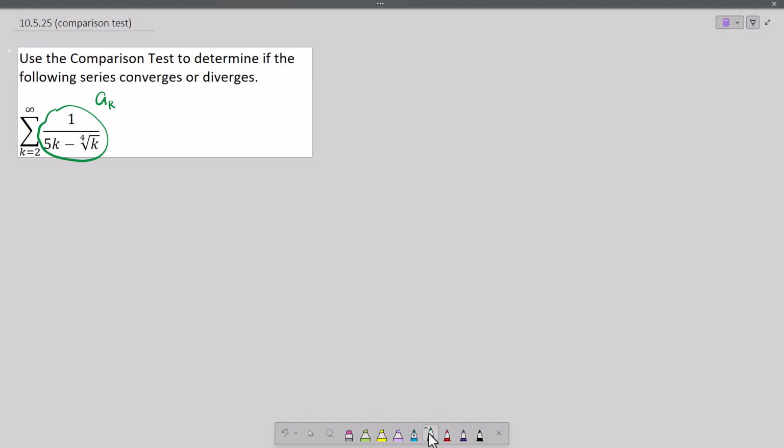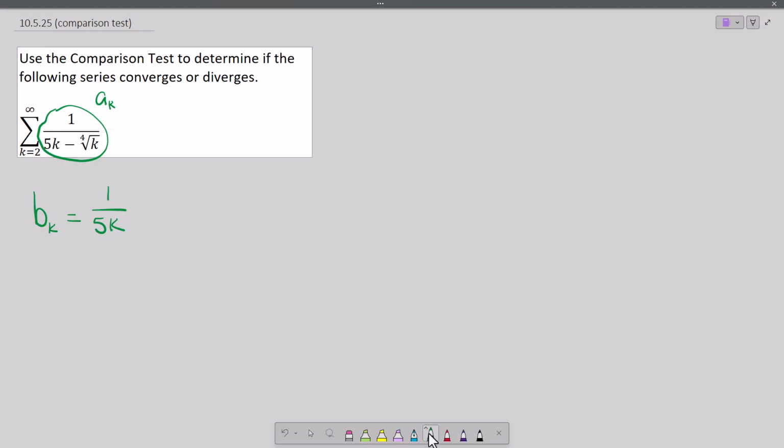When we look at this, the fourth root of k goes to infinity very slowly. k goes to infinity much faster than the fourth root of k. So compared to each other, the 5k dominates the fourth root of k. So what our hunch would be is to use that as your b sub k.